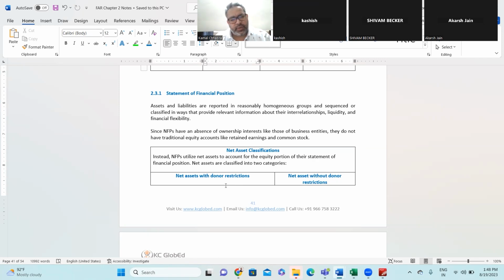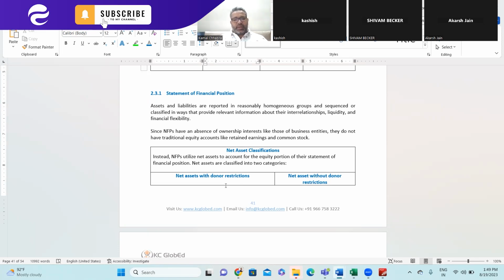Those three things, which you otherwise also keep in mind when making financial statements, the same fundamentals apply over here. Since not-for-profit organizations have an absence of ownership interest like business entities, because there is no shareholder, it's all either trustee or member, they do not traditionally have equity accounts like retained earnings or common stock.